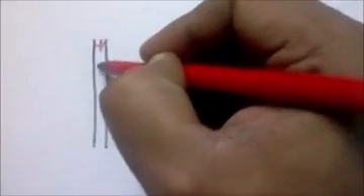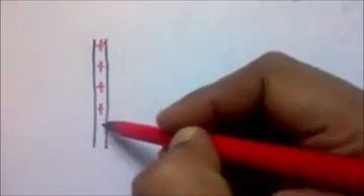So let me draw the wire again. Now let us see the charges here. It has been positively charged, so positive charges. Then we have the Gaussian surface.